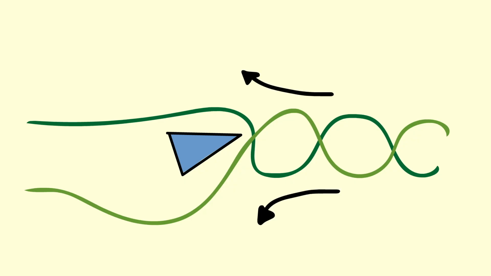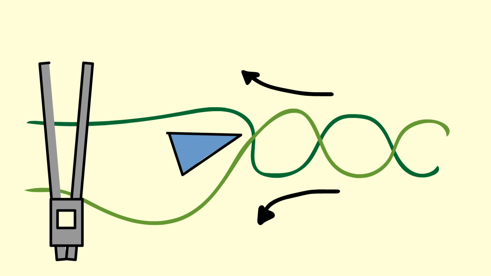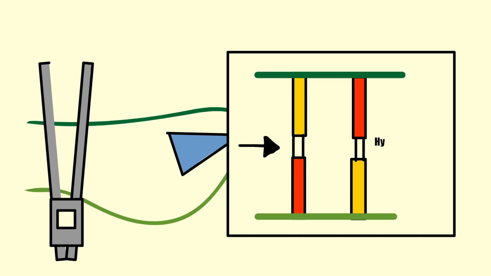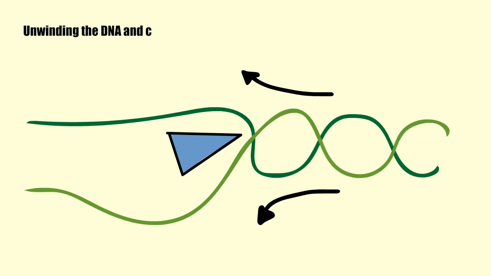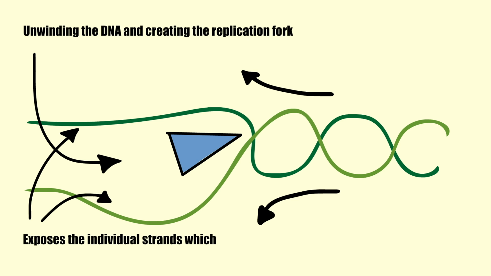Helicase functions by separating the two strands of the DNA helix. Think of it like a zipper unfastening a jacket. As helicase moves along the DNA, it breaks the hydrogen bonds between the base pairs, unwinding the DNA and creating the replication fork. This process exposes the individual strands of DNA, which will serve as templates for the new strands.